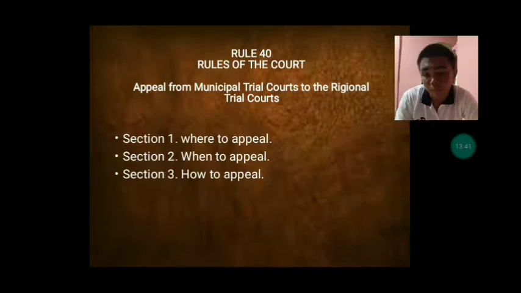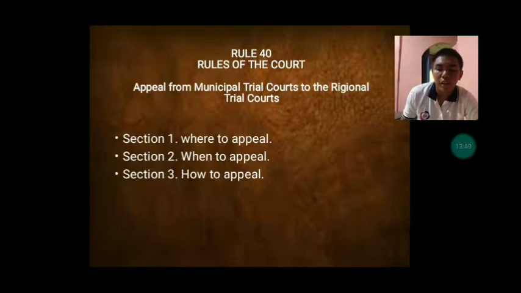Next is how to appeal. An appeal shall be taken by filing a notice of appeal with the court that rendered the judgment or final order appealed from. The notice of appeal shall indicate the parties to the appeal, the judgment or final order or part thereof appealed from, and state the material dates showing the timeliness of the appeal.